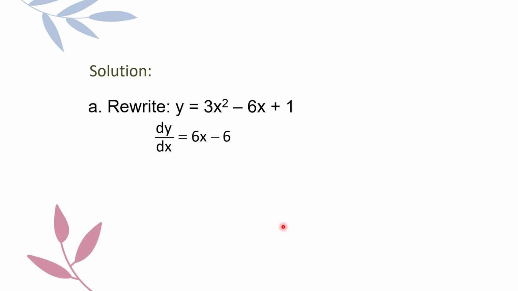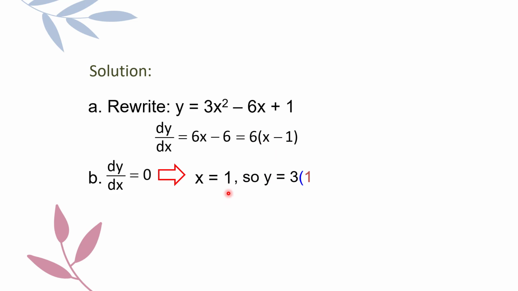Is that correct? Yeah, and we can take 6 out, so it becomes 6(x minus 1). For dy/dx equals 0, we make this value equal 0 so that x is 1.